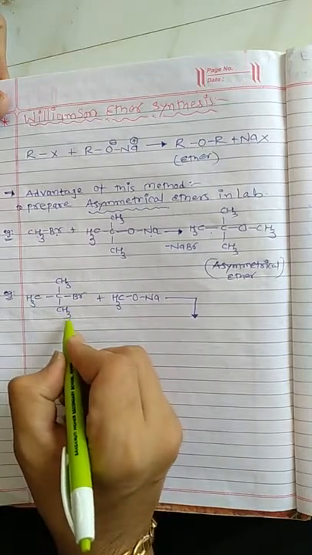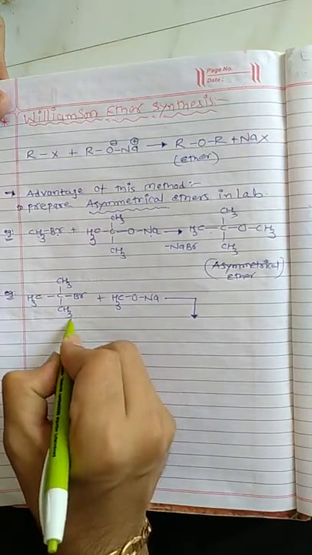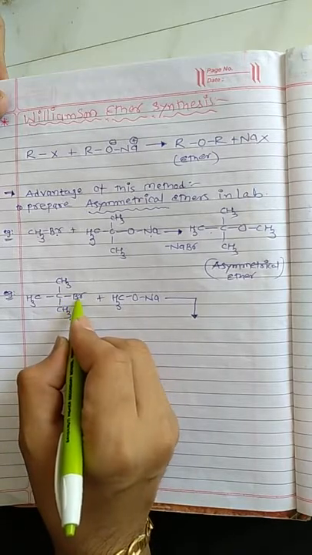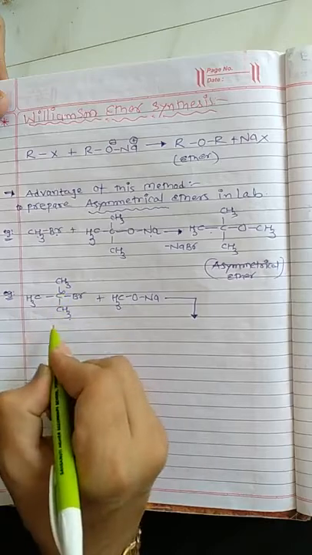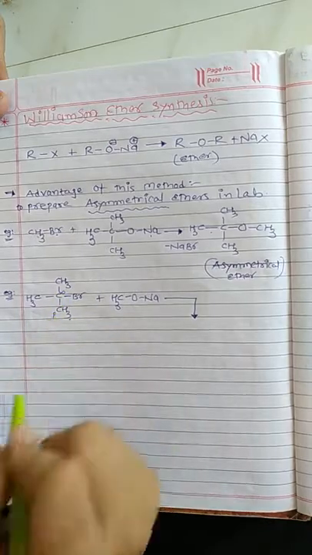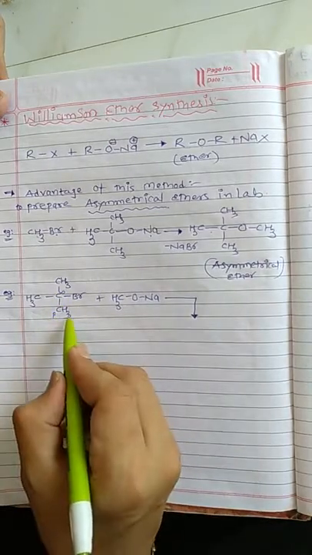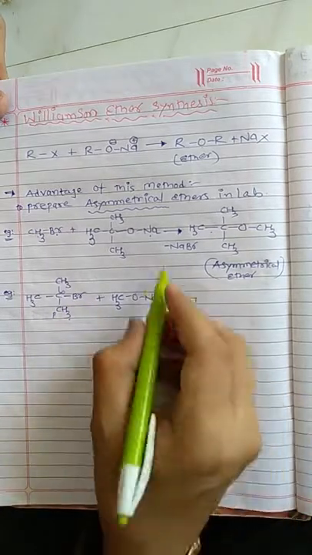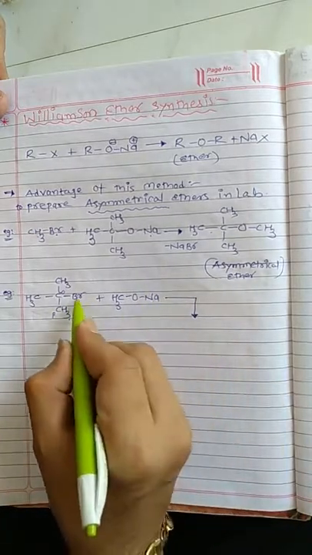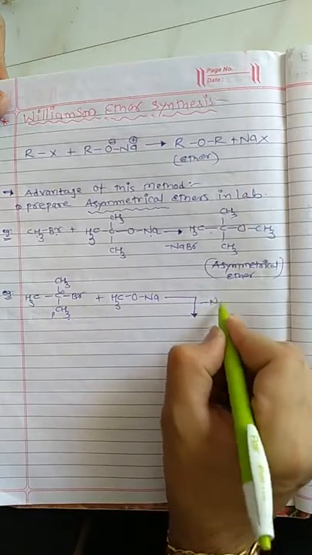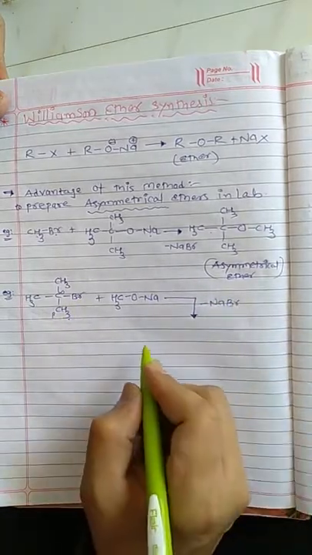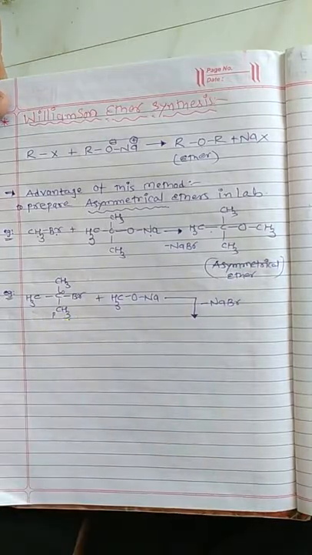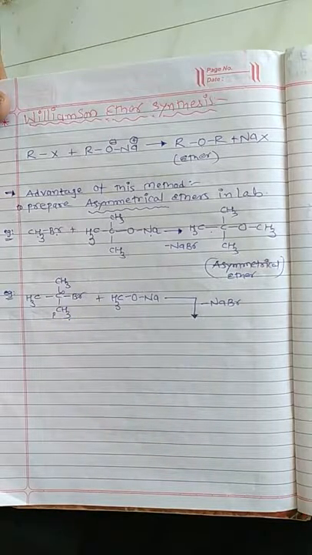One of the hydrogens is removed from here and the halogen from here. So the halogen is eliminated from the alpha carbon and the beta carbon donates its hydrogen, in the form of H and Br. What is the byproduct? Here Na, here Br, in the form of minus NaBr. Moreover, from here H and on the other side Na.